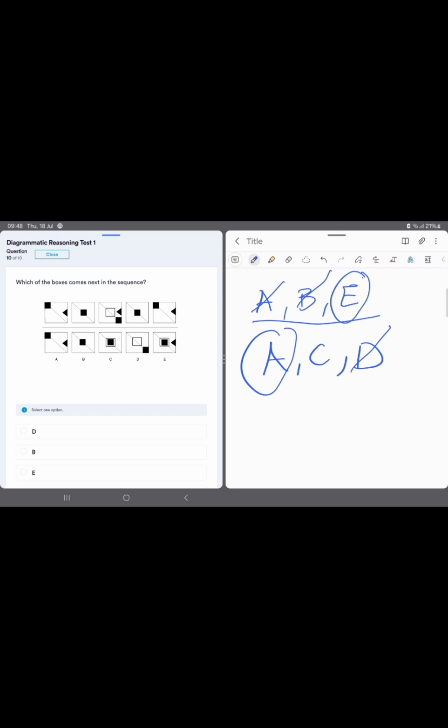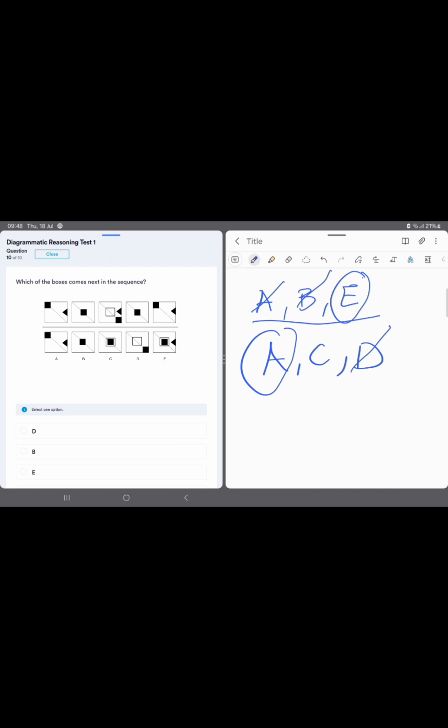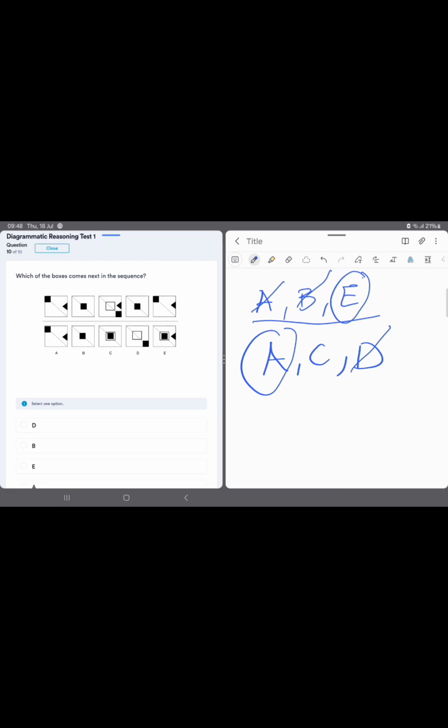With the triangle, it's here and then not here in the second one. In the third one, it comes back again. In the fourth, it's not here. Then it's here in the fifth one, meaning that in the sixth diagram, it shouldn't be here. So that leaves us with options B, C, and D as our potential solutions.